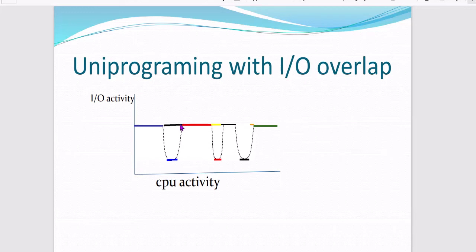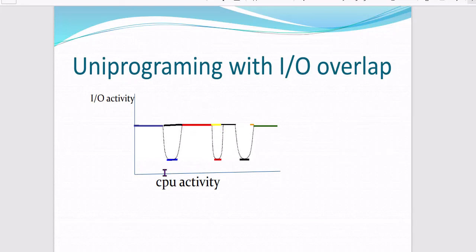Maybe the black program here itself needs to perform some I/O, which I haven't shown. Then I run the red program, and at this point in time, perhaps it needs to do some input or output. When it finishes, maybe I resume by executing the black program. Perhaps it's a different black program. But in the interval that's been freed up, I can actually run the yellow program and so on.